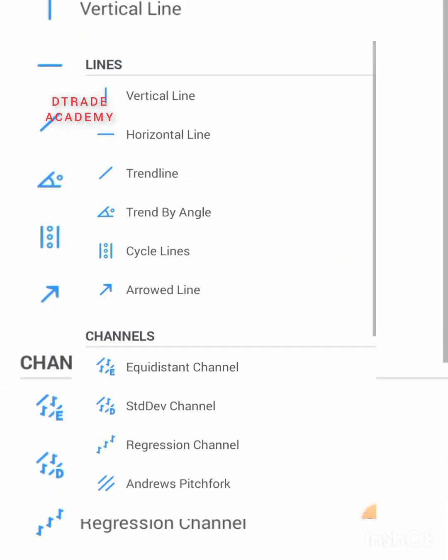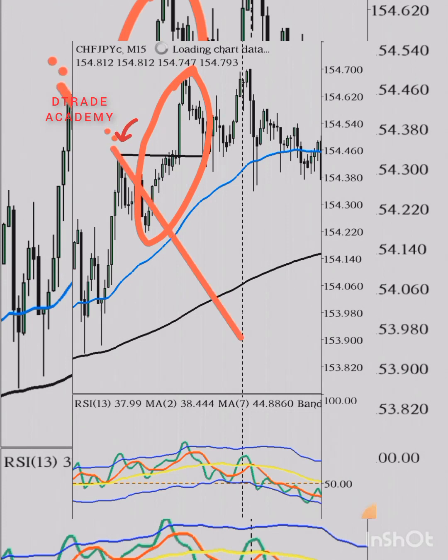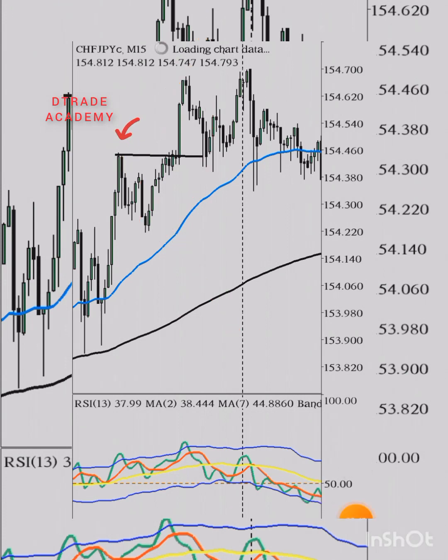And how do we know that? First thing is we have to identify our break of structure. So look at the candles that broke this structure. The whole of that candle with huge momentum breaking this high. See all those candles with huge momentum.